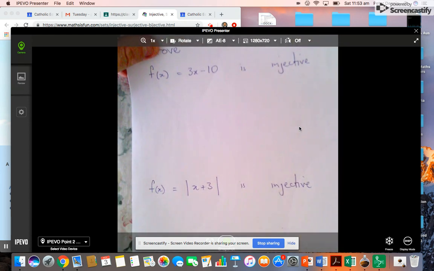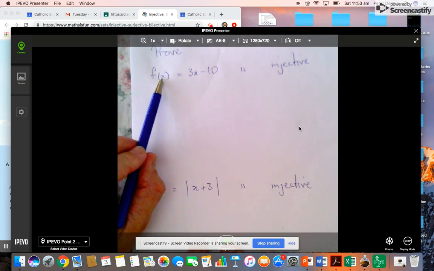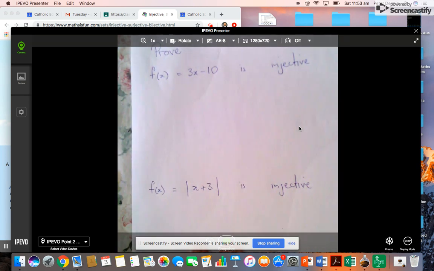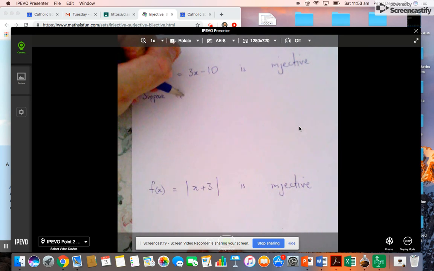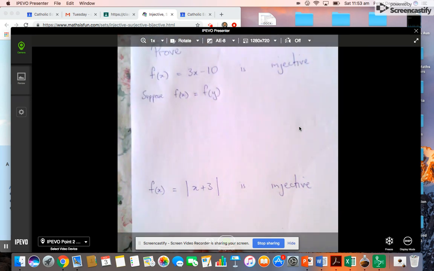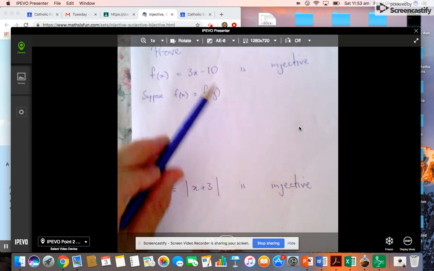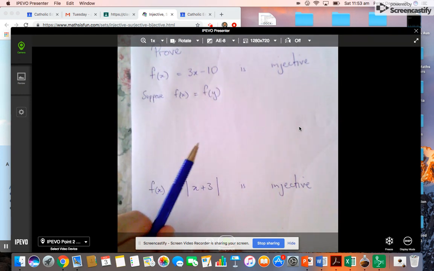So how do you prove that something is injective? Basically, it's like the contradiction test. What it's saying is that for an x value, you get one y value. So let's suppose that f of x equals f of y. Here we've got f of x equals 3x minus 10, and we want to prove that that's injective. Suppose f of x equals f of y.